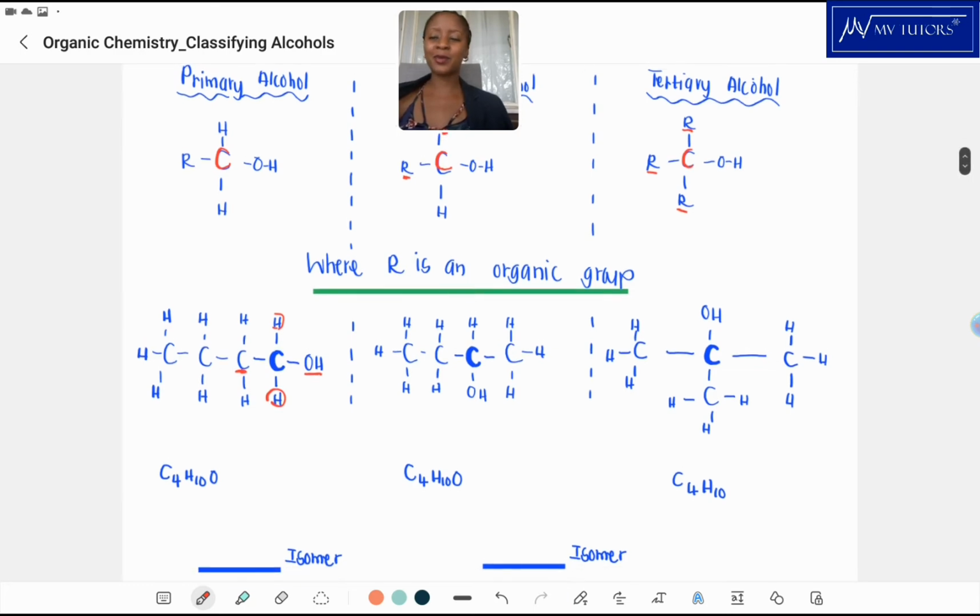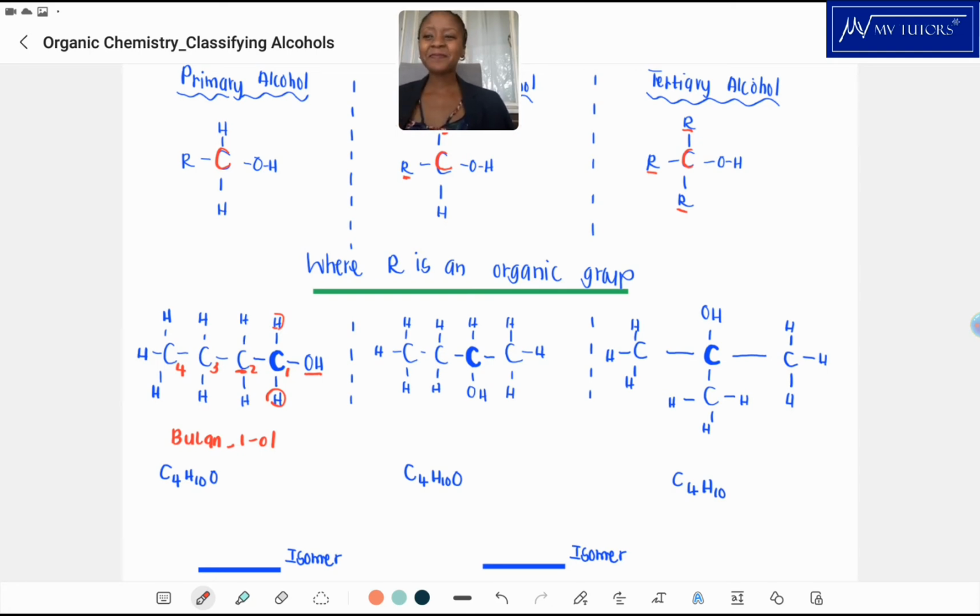And what would I call this primary alcohol, just out of interest? This is the first carbon, second carbon, third and fourth. So this is butanol. You can say 1-butanol or butan-1-ol. Remember, when we have digits, we need to separate the words and the numbers by using a dash or a hyphen.